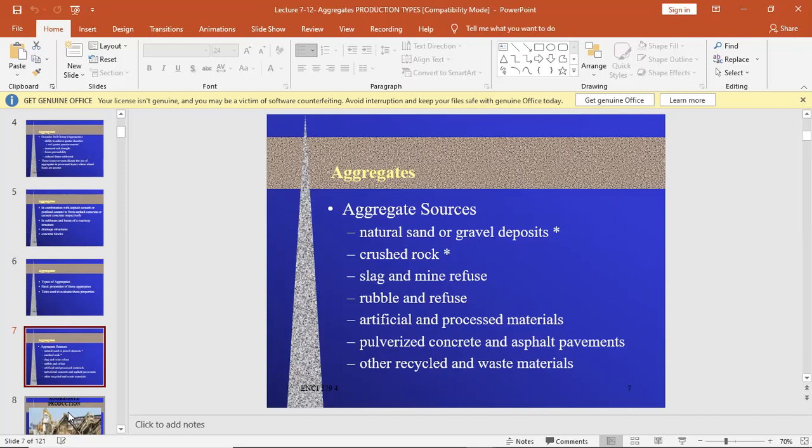If a person identifies a source, he must know the production capabilities of that source, how much material he will get from it in total or on a daily basis as well.